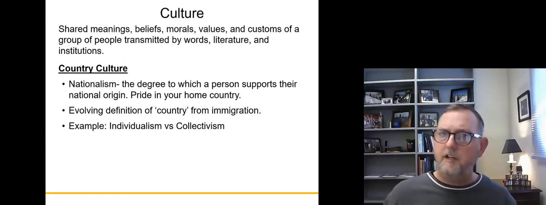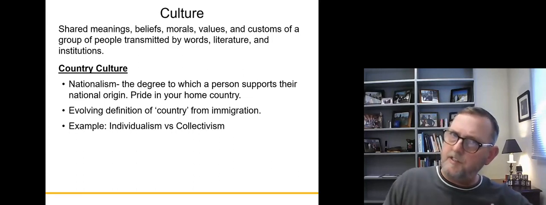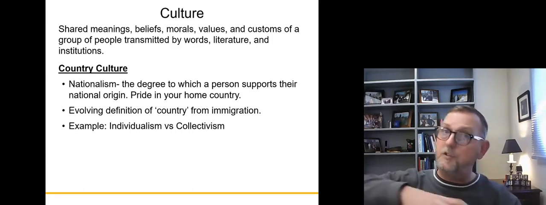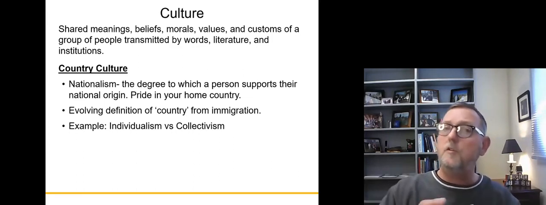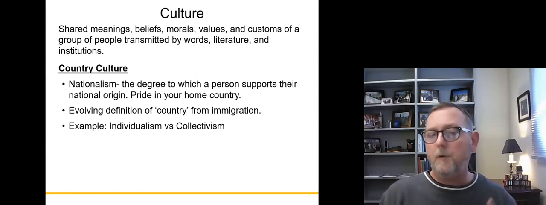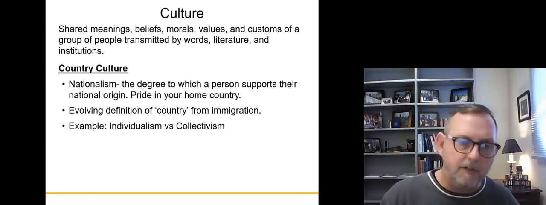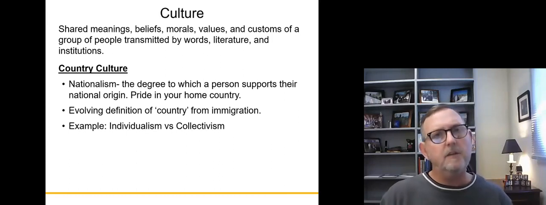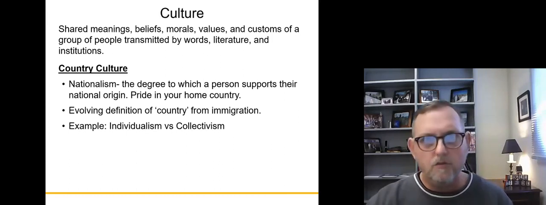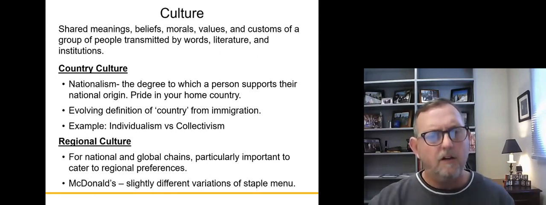Whereas in a collectivist culture, there's more sense of family together. We'll do this as a community, where we don't rely on just ourselves, we rely on everybody collectively. So those are just some examples of country culture.